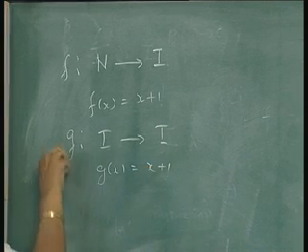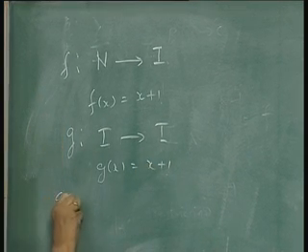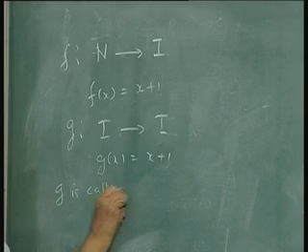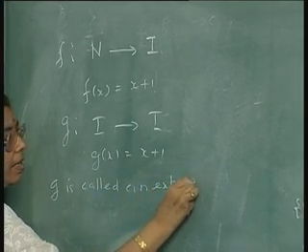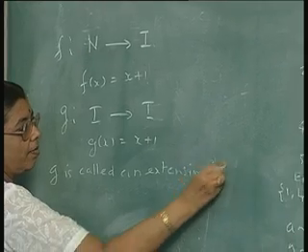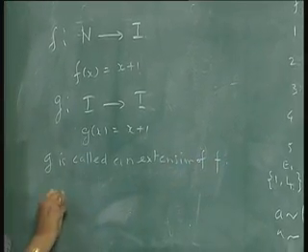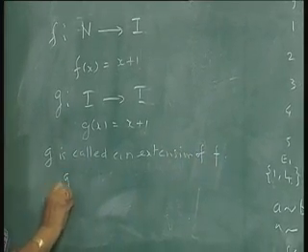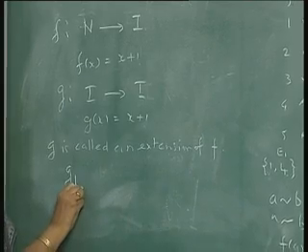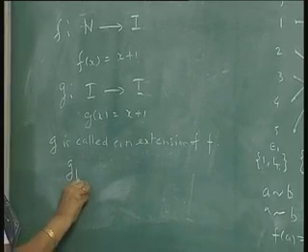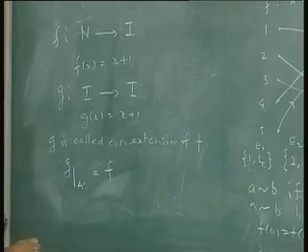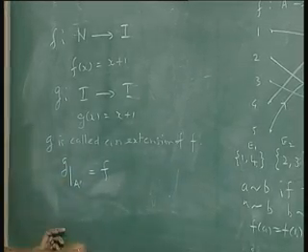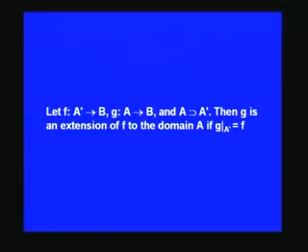Then g is called an extension of f, because g, when you restrict it to the domain A dash, is equal to f. If you look at finite sets, this extension can be defined in this manner.